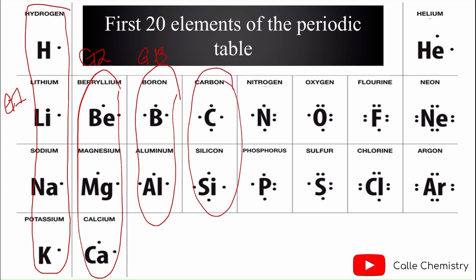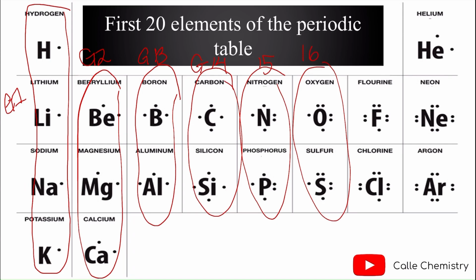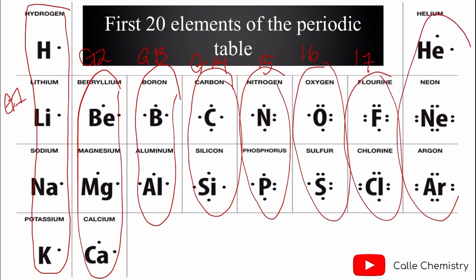This is from group 14. This is from group 15, 16, 17, and 18. Remember, we skipped transition metals because the valence electrons down a group vary. So we skipped over those and we went from 2 straight to 13.